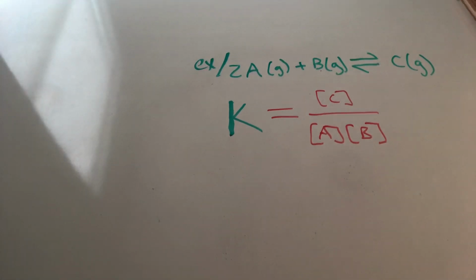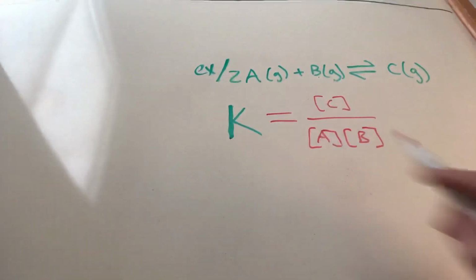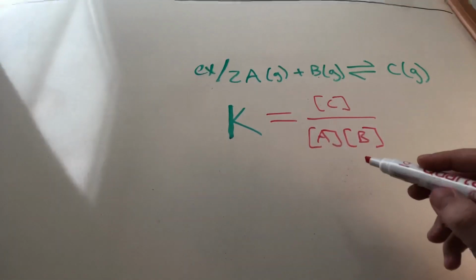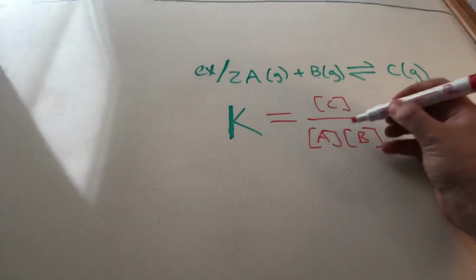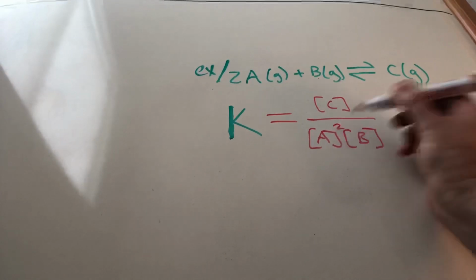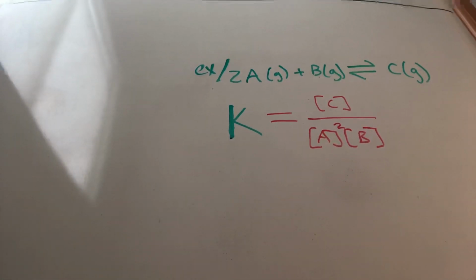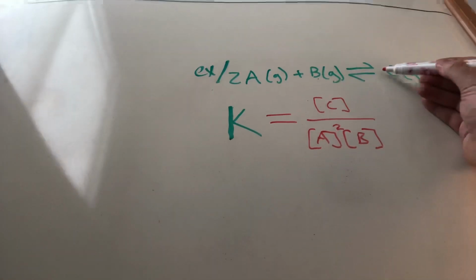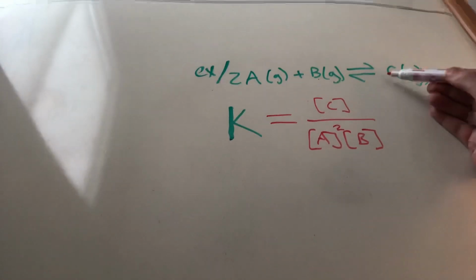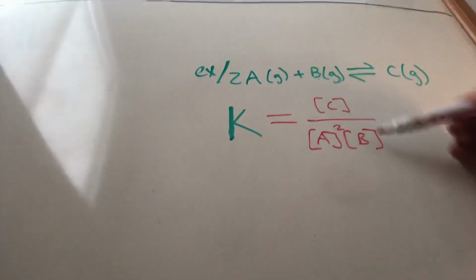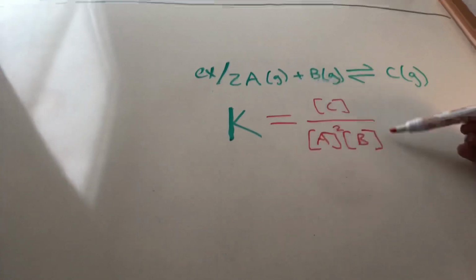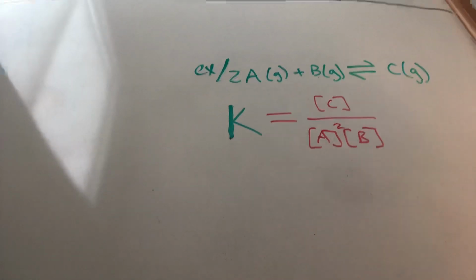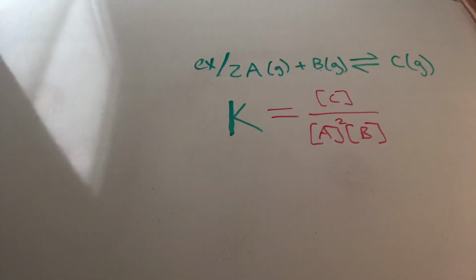When we write our K expressions, these are the things that are held constant. This is the target we're trying to get to for a reaction. When we put in an actual stoichiometric coefficient, it becomes a superscript, an exponent. So C would have a 1 as its exponent because its stoichiometric coefficient is 1, and the concentration of B would have a 1 as well because its stoichiometric coefficient is implied to be 1.